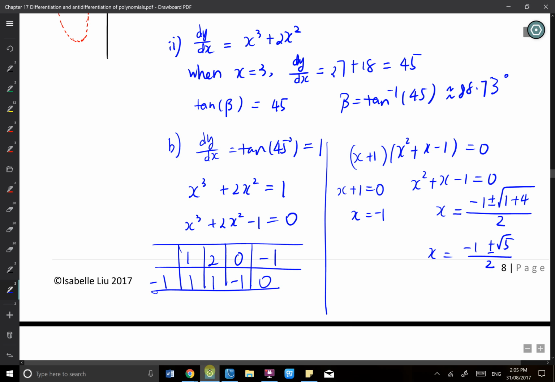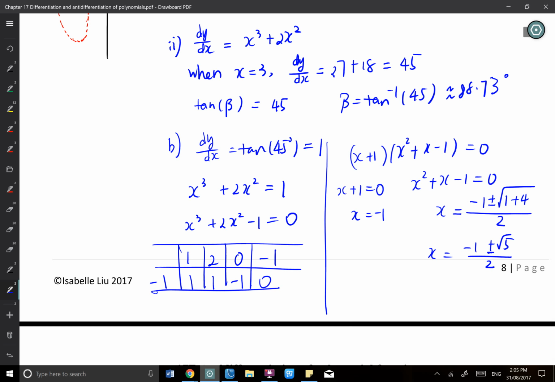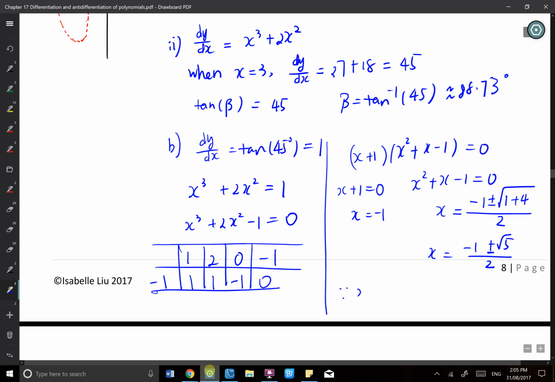There's a minus as well. The plus one: root 5 over 2 is 2 point something. 2 point something minus 1 is 1 point something, divided by 2 is 0.6 something. You can't take the minus 1. So because x is greater than 0, x equals -1 plus root 5 over 2.